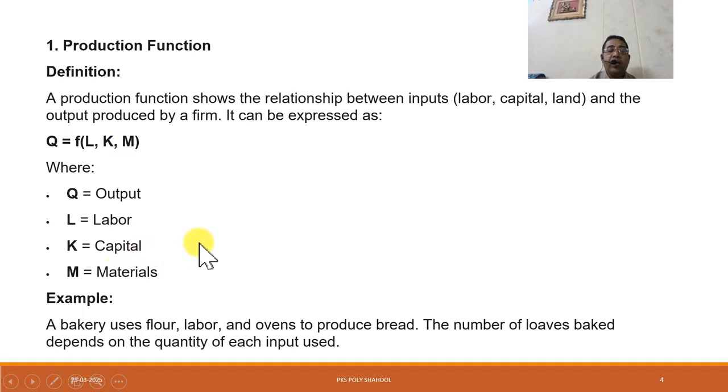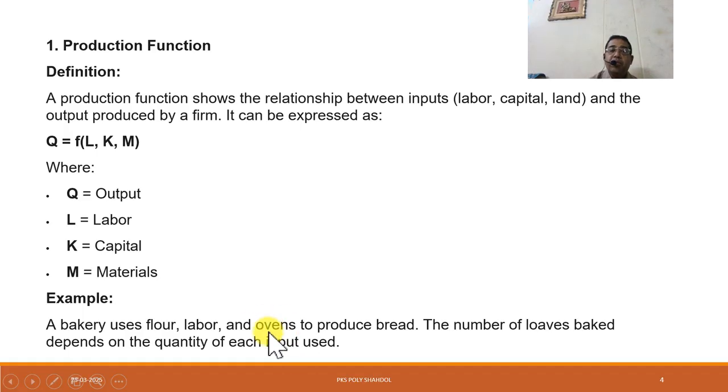Okay, now taking an example: a bakery uses flour, labor, and oven to produce bread. Suppose a bakery produces bread, so what inputs do they have? Labor, flour, oven. Flour is the working material, labor because it is involved, and oven for cooking.